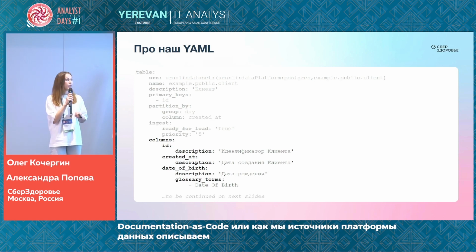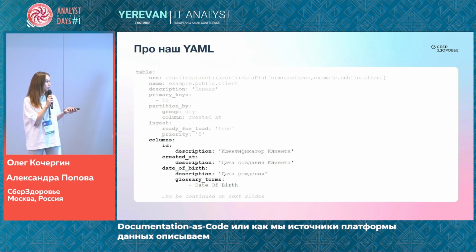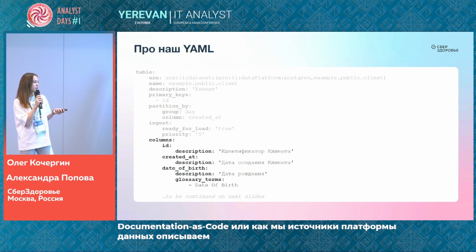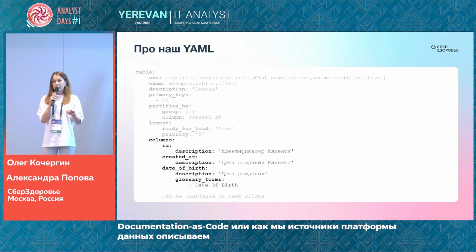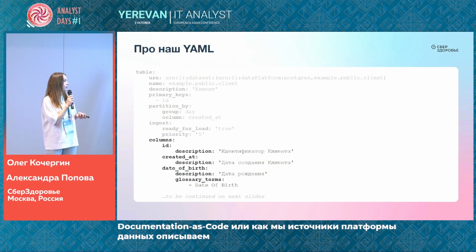Next is meta information about columns. We have titles, description, and also if there's a column with personal information, with sensitive data, then we would put it in the glossary like here. And then in our pipeline we would look at such terms and would try to encrypt the data.